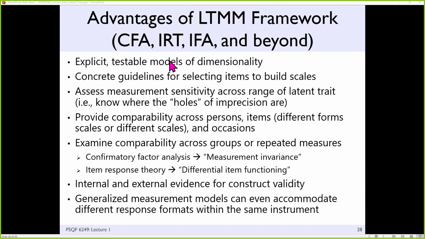Okay, so the things that we will learn how to do. Build models for dimensionality. The traits don't exist, right? That sounds like it should be a problem, but we don't need them to exist. Because what we're actually going to look at is the predicted pattern of relationship across the items that the trait would imply. And see how well that pattern that's predicted by one trait matches the data.